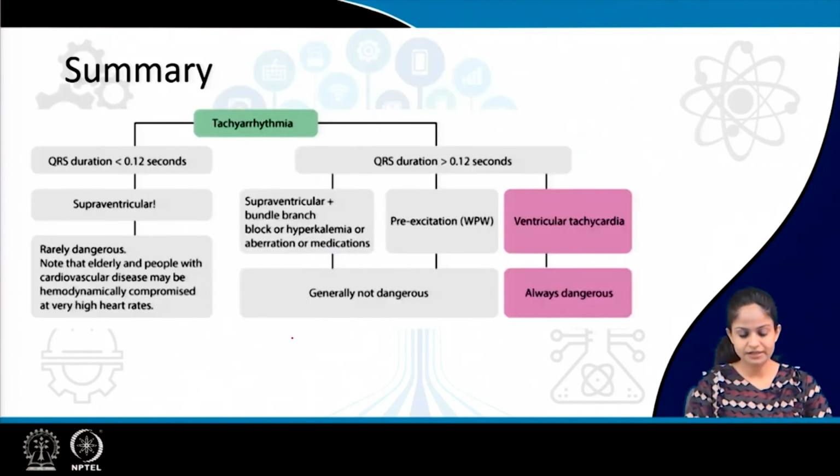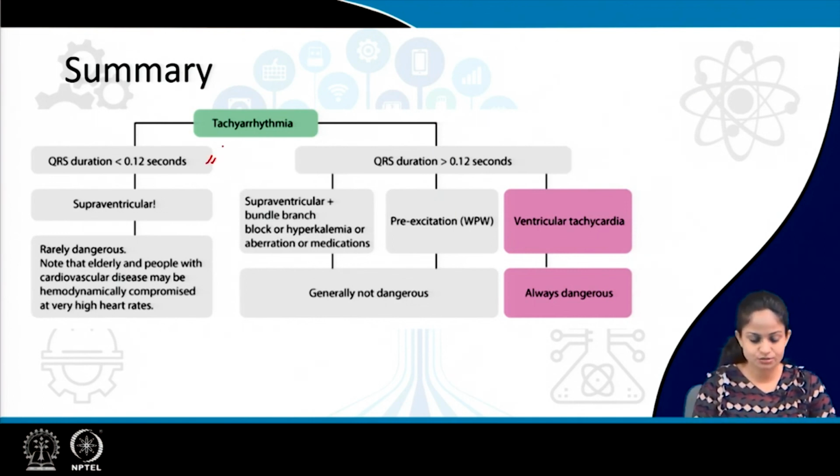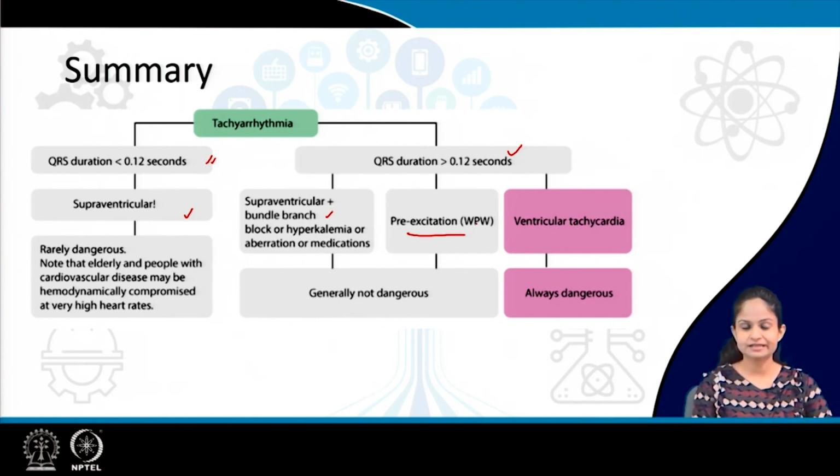Now coming to the summary of today's topic, that is tachyarrhythmias. QRS complex less than 0.12 seconds is usually SVT. If it is more than 0.12, we take it as SVT as well as bundle branch block or any electrolyte disturbances. It can be pre-excitation syndrome, that is accessory pathway, Wolff Parkinson White or AVRT, or ventricular tachycardia.